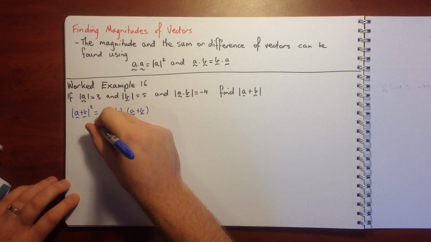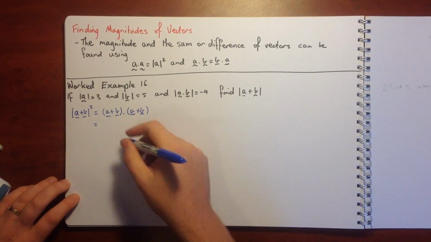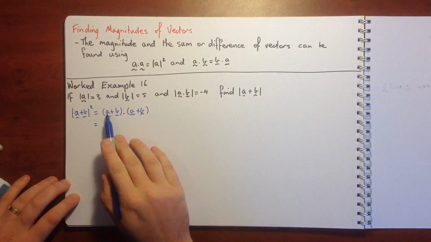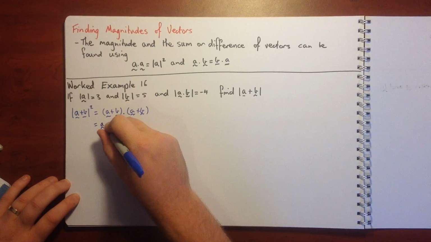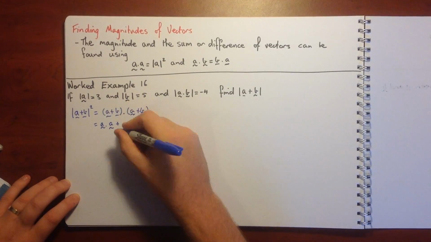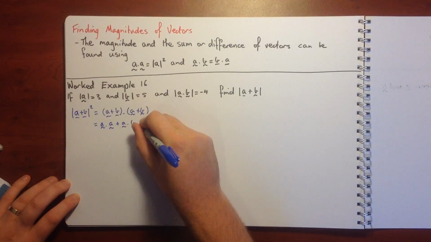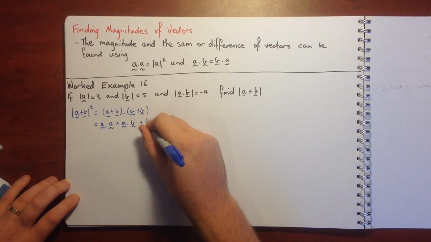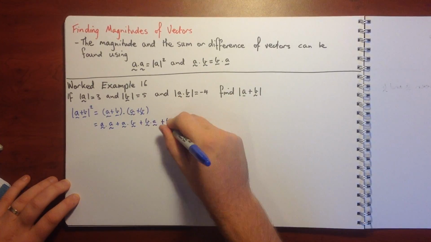When we do that, we need to expand our brackets, and what we get is a dot a plus a dot b, plus b dot a, plus b dot b.